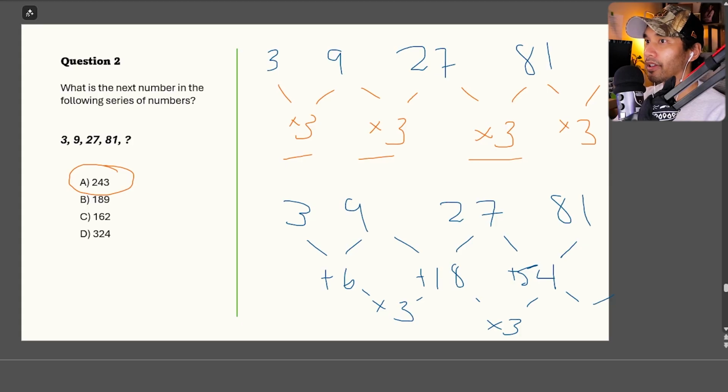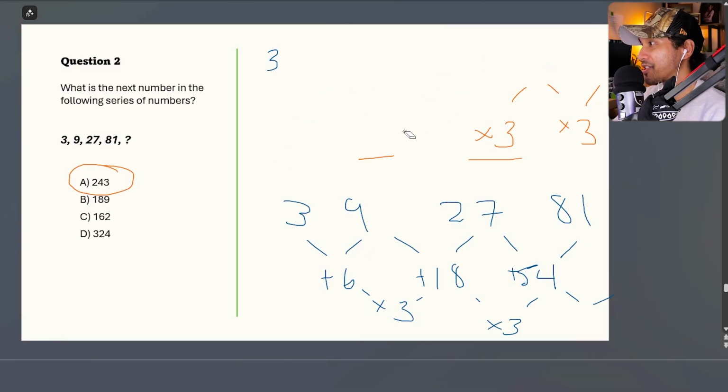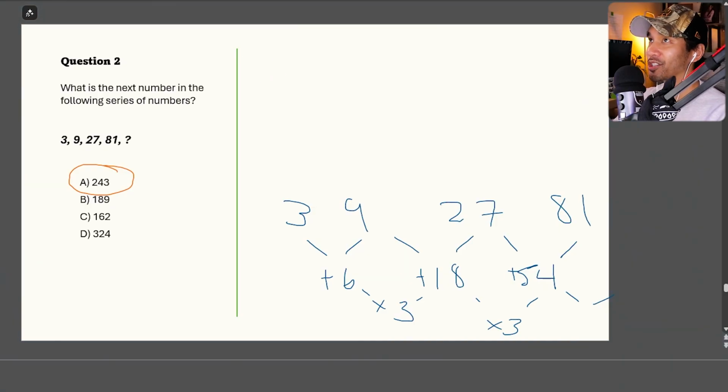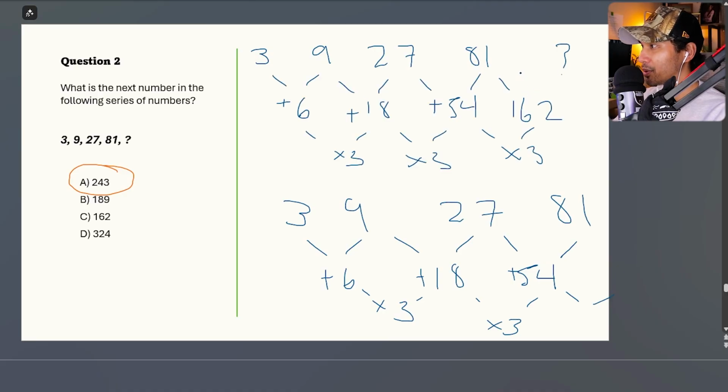I'm going to rewrite everything at the top here. It's going to make sense, but this is an extra step and it's unnecessary. 3, 9, 27, 81, and we want to figure out this. What's 162 plus 81?